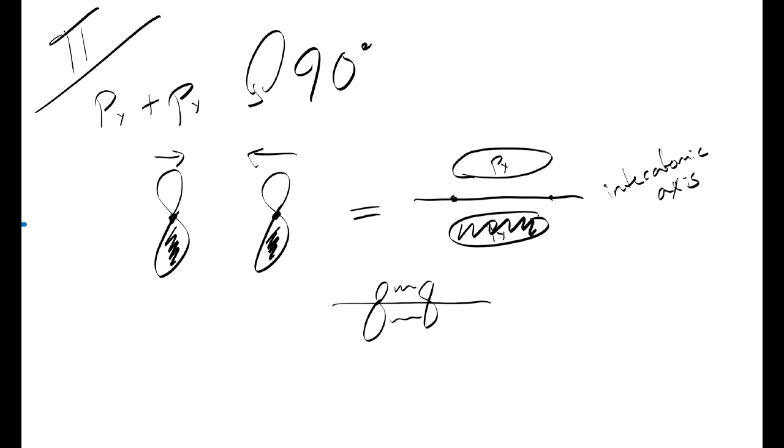So notice, like resonance, they live above and below simultaneously, or in front and behind simultaneously. But pi bonds are off the line. They are parallel to that line. That's going to be a big deal a little bit later.